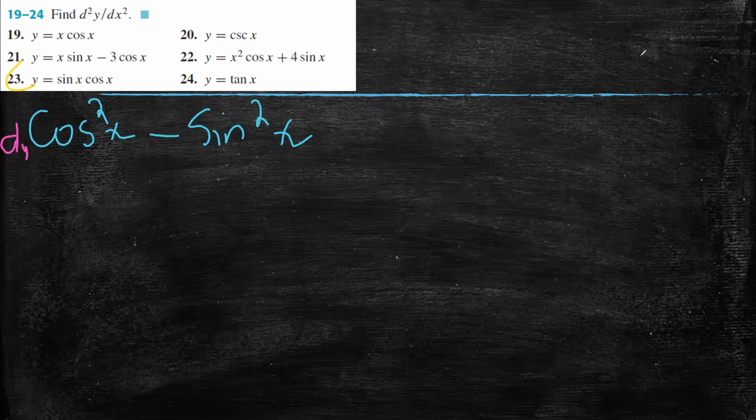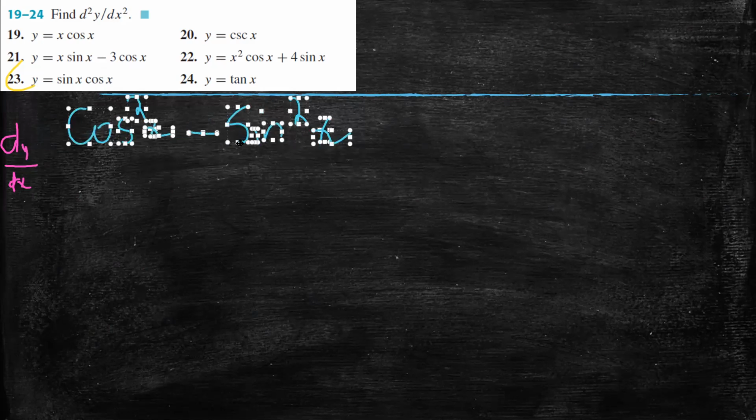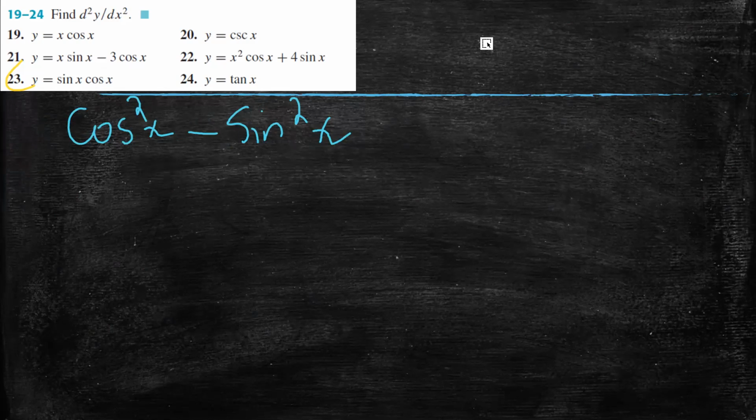So this is dy over dx. I need now to find the second derivative. Now, to find the second derivative, as I told you in this lesson, here they are cosine times cosine minus sine times sine. I deal with them as a product rule. And next lesson, inshallah, we will start on Sunday, we will deal with the chain rule. In the chain rule, I can solve it easily.